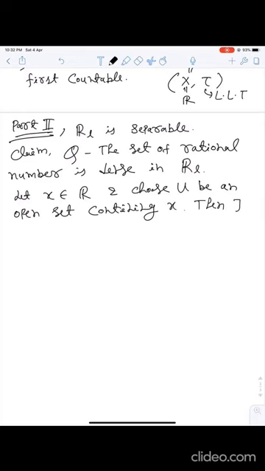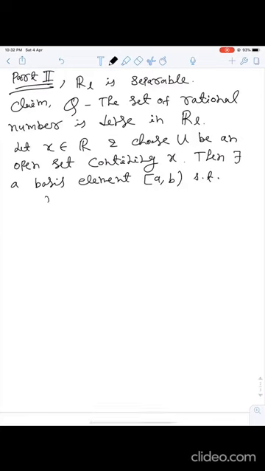Then there exists a basis element, say [a, b), such that x belongs to [a, b) subset of U, right? Now since a is less than b, we can choose one rational number between a and b.